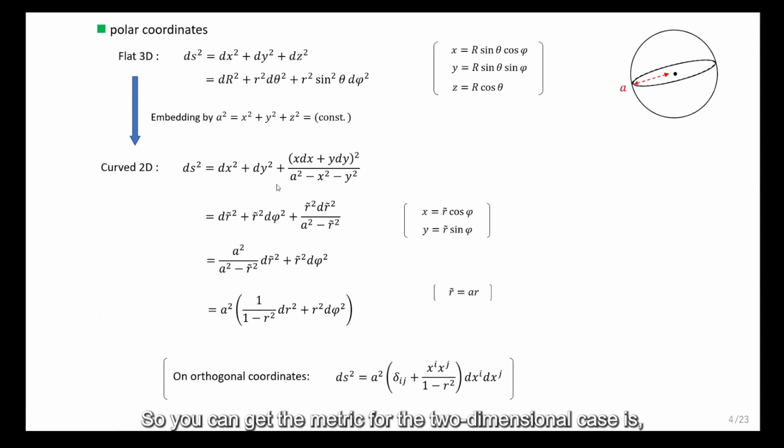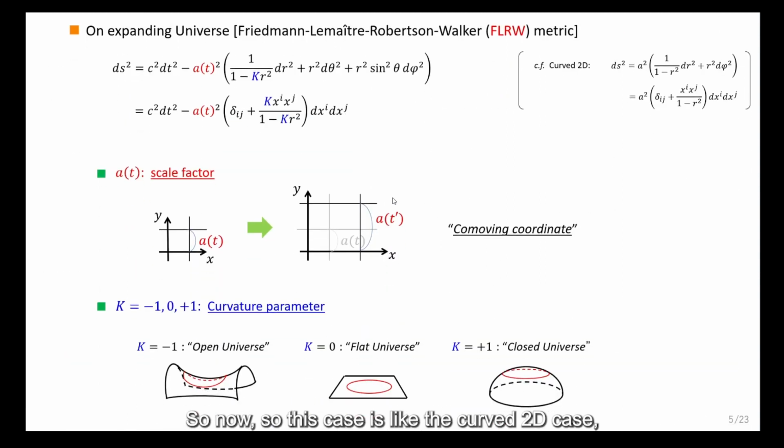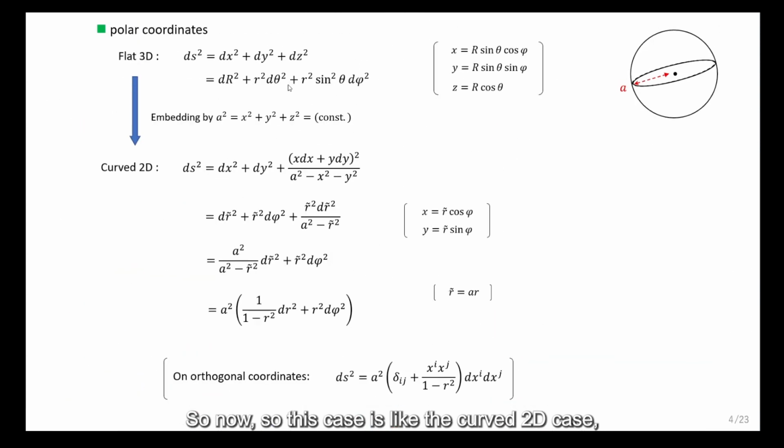So you can get the metric for the two-dimensional case: the component g_rr is given by this, and the angle part, d phi, is given by this. So this case is the curved 2D case.